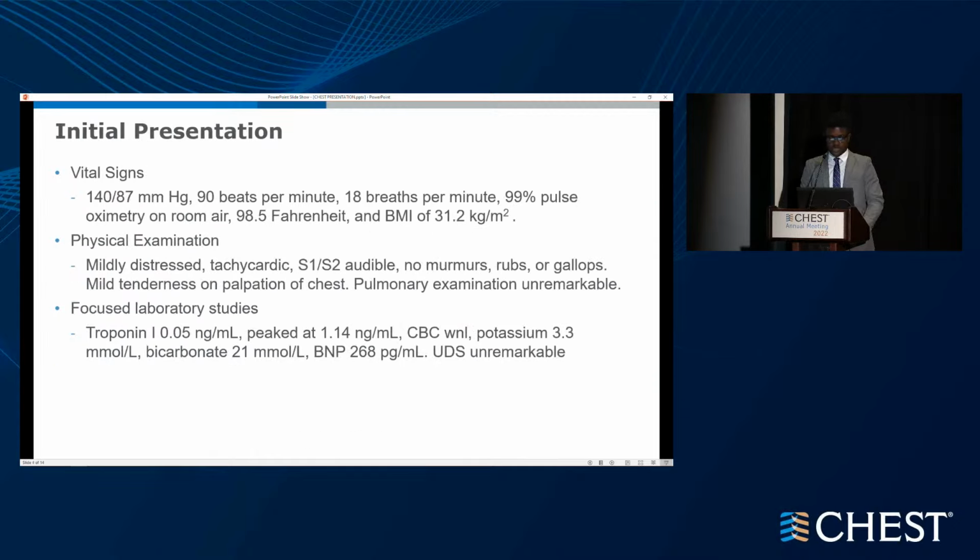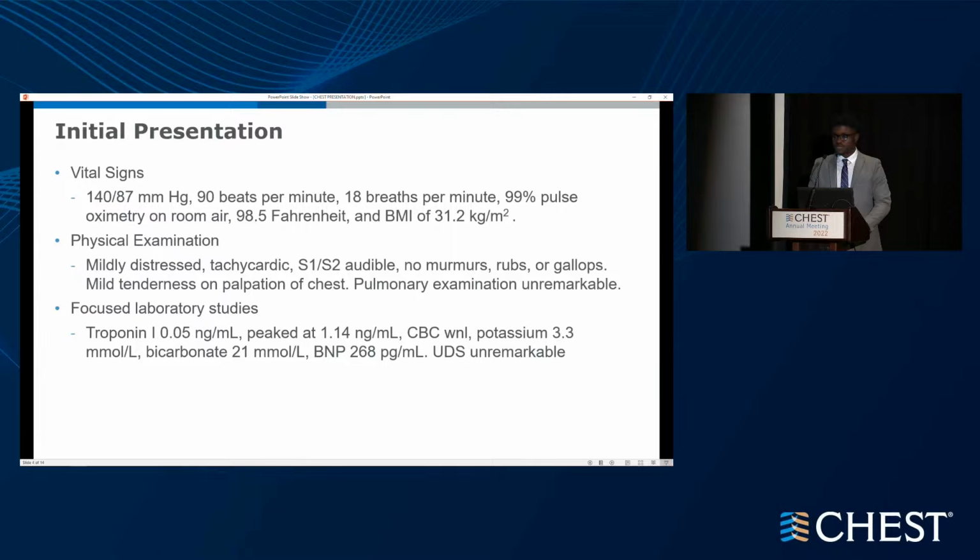For his initial presentation, his blood pressure was 140/87. He was slightly tachycardic, had a respiratory rate of 18, was on room air. Temperature was normal, and he had class 1 obesity.